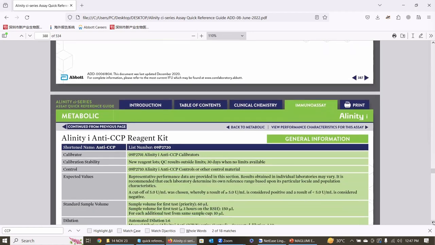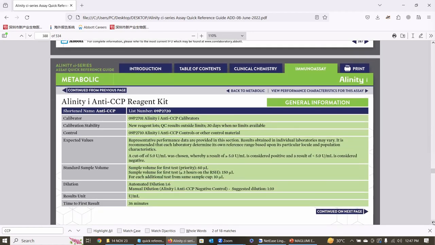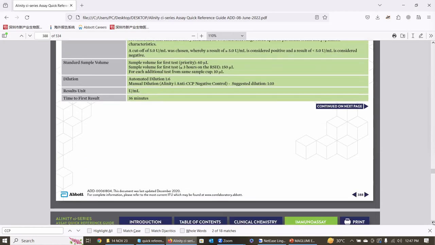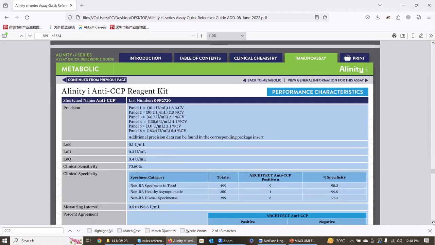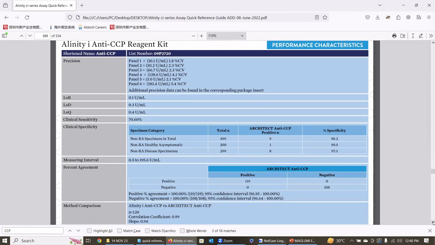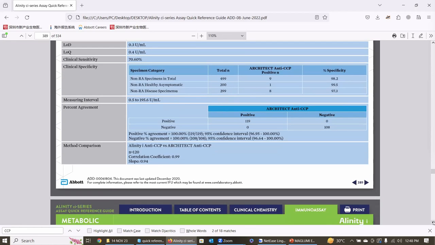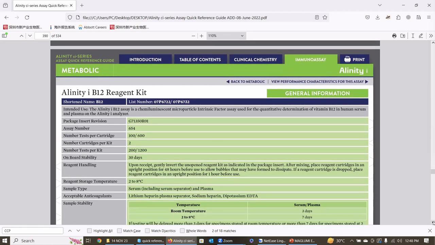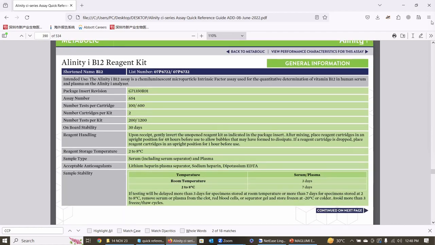Storage, stability, calibration, stability, sample volume, precision, LOB, LOD, LOQ, clinical sensitivity, specificity, measuring interval, method comparison, and so on.